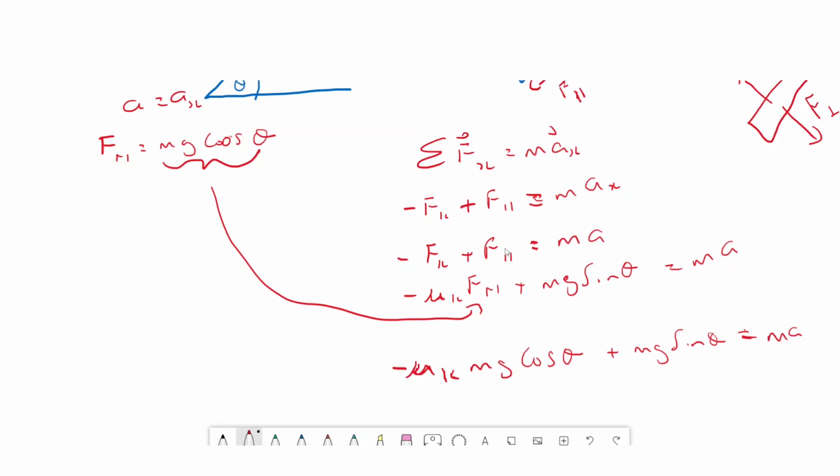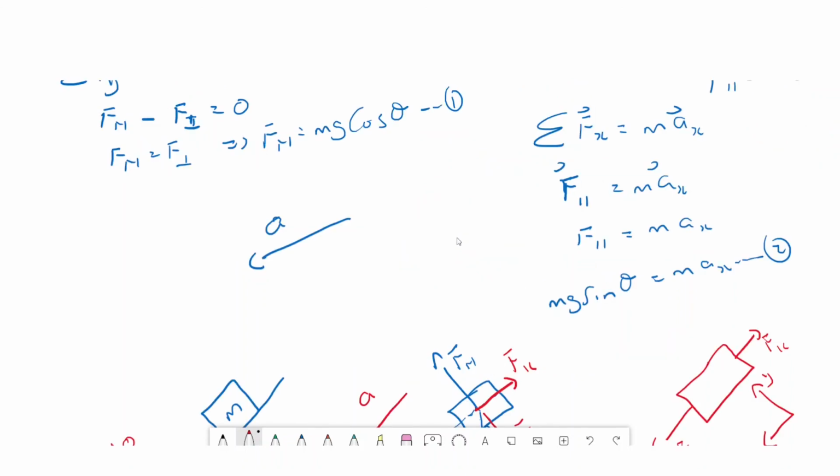And for this one, if you want to simplify it more when there's no friction, you can simplify it. The m's are going to cancel, and you end up with a equals g sine of theta. So it doesn't depend on the mass, this one.